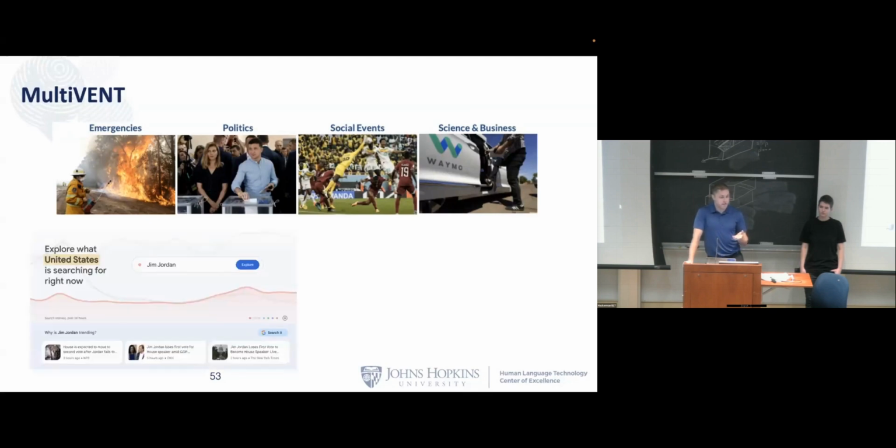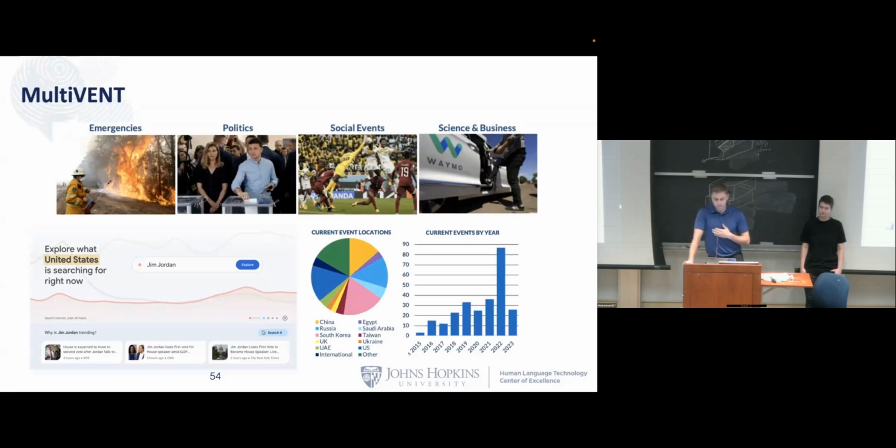We found these events by looking at trending topics on Google and Twitter, and from several different areas of the world. And most of these were collected in 2022 because we released this data set in 2023. We were creating the data set right before it, although it does extend back to 2015 and 2016.